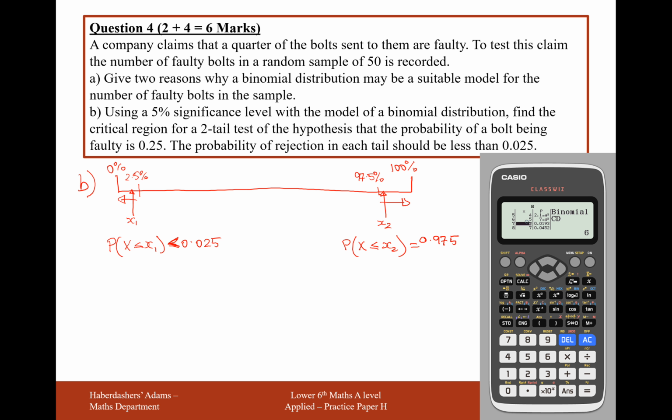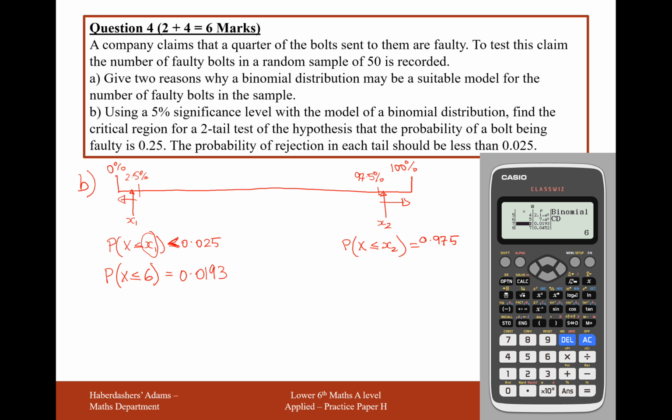And what we need to do now is we're looking for this x1 to start with here. So is it 6 or is it 7? Well, 6 is going to give us a probability of 0.0193. So what we mean by that is if out of these 50 bolts that we're going to test, the probability where 6 or fewer of them are faulty is 0.0193.